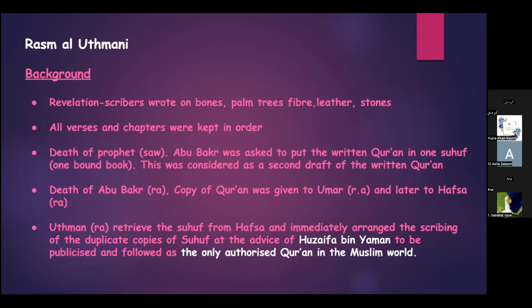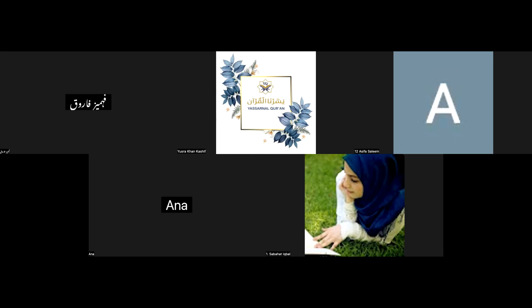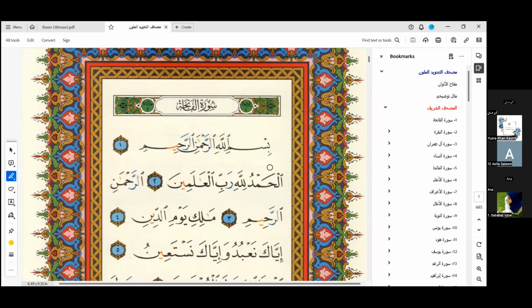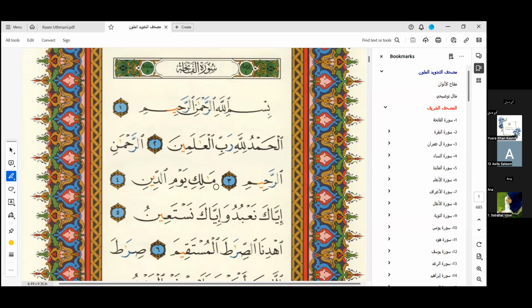in Surah Al-Fatiha. For example, if I share the screen of the Mus'haf, if you look at the ayah in Surah Al-Fatiha, ayah number 4, this word is written as Maliki Yawmiddin, but as you know, in Riwayah Hafs and Asim we say Maliki Yawmiddin.